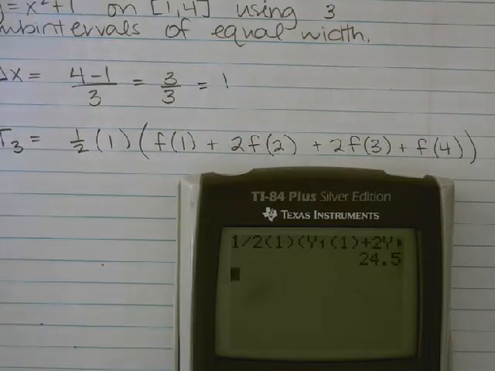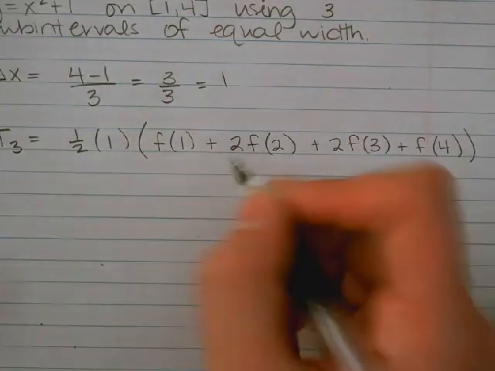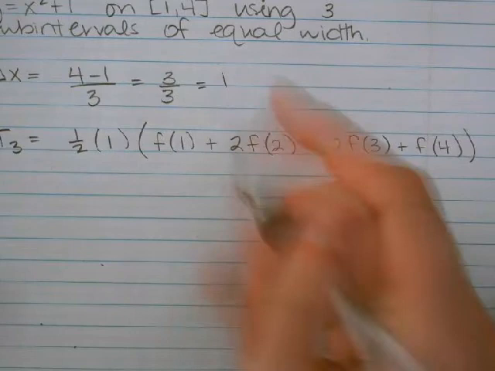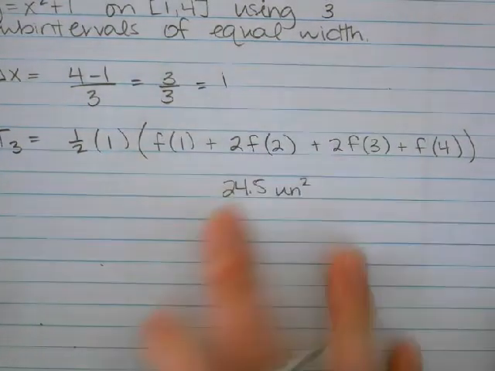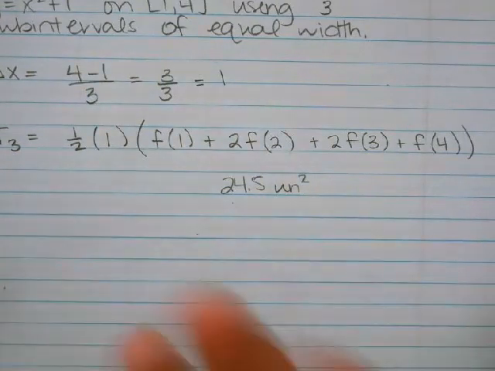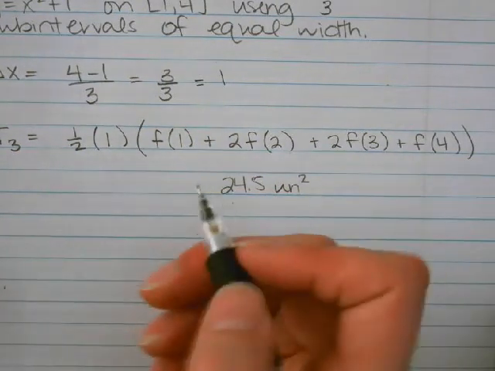So 24.5 should be what you get. So the area underneath the curve would be 24.5 units squared, and I'm literally going to write units squared because it's a graph and I don't know with the graph paper what those units are.